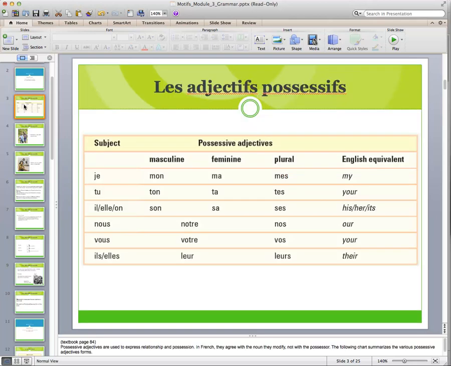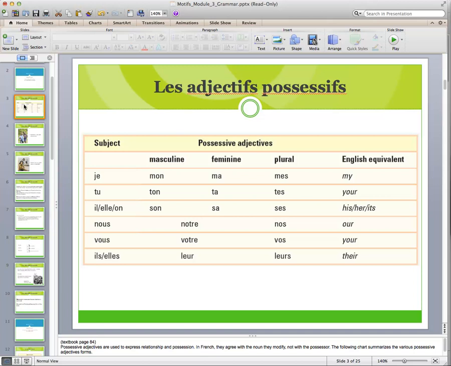Our children. In French, all adjectives agree in number and in gender with the noun that they modify. If, for example, I'm talking about the white cat, I need to make white agree with cat. If I'm talking about the intelligent students, I need to make the word intelligent agree with students.